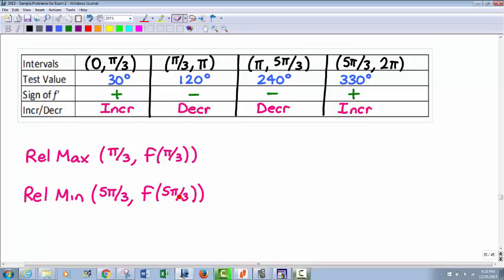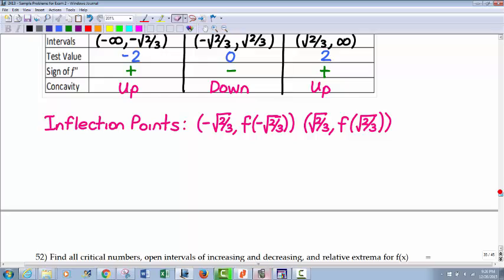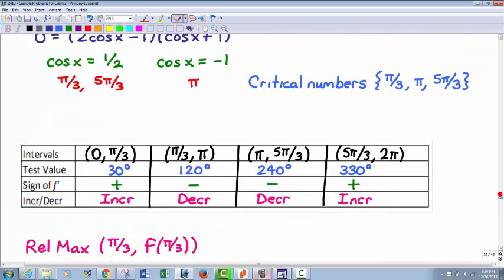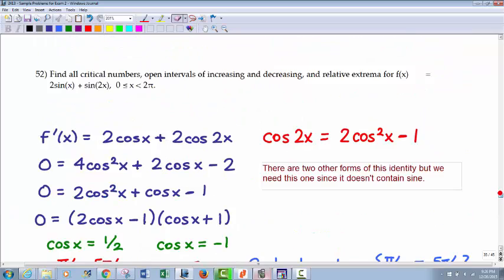So let's maybe take a quick peek at the picture of this, I guess. But now I gotta make sure I'm in radian mode. 2 sine x plus sine 2x.